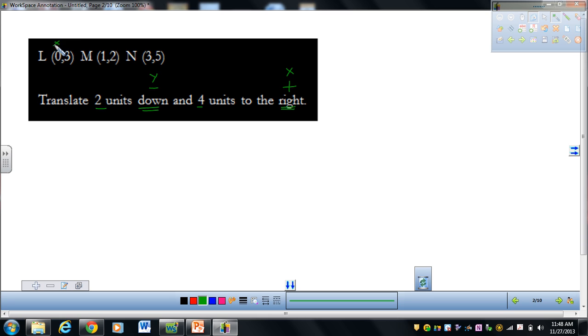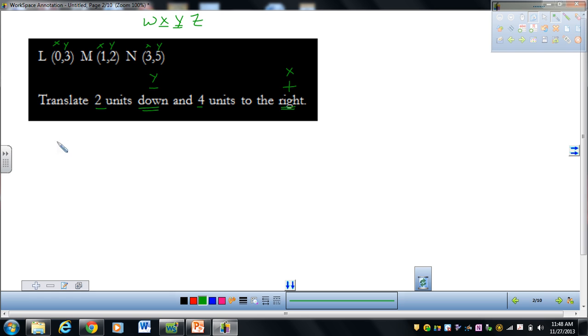And we know that X comes first and Y comes second on every single point, because if you did A, B, C, D, E, F, G, you'd have W, X, Y, Z at the end of your alphabet, and X always comes before Y, and in our points too.